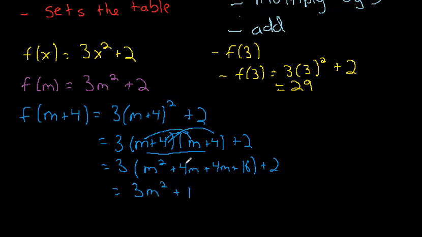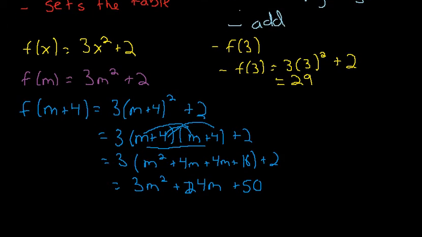Whoops. 4m plus 4m is 8m. So the 3 being distributed into that is going to give us 24m. 3 times 16 is 48. I'm going to add 2 to that, gives us plus 50. So fully expanded, the f of m plus 4 gives us this.